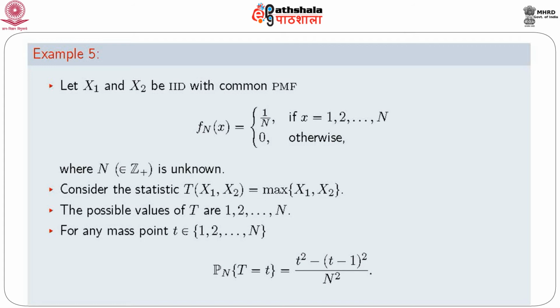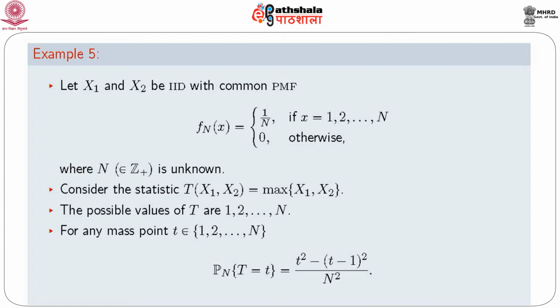And probability under N of T less than or equal to t is equal to (t by N) whole squared. Similarly, probability under N of T less than or equal to t minus 1 is equal to ((t minus 1) by N) whole squared.